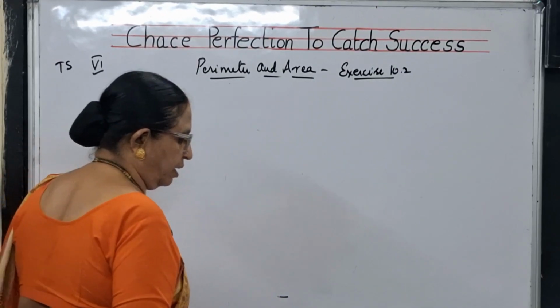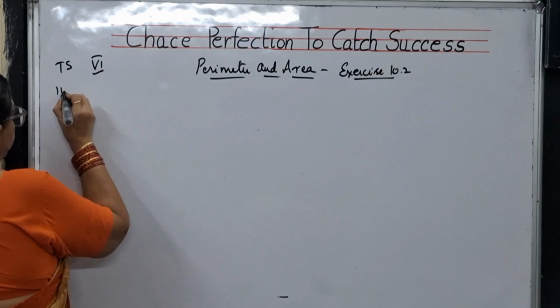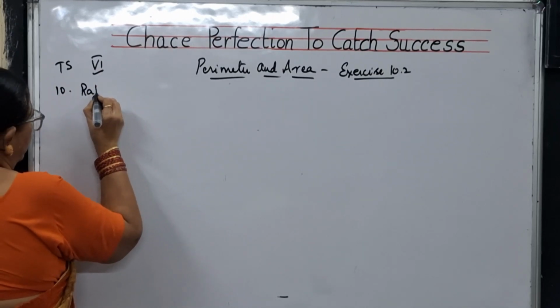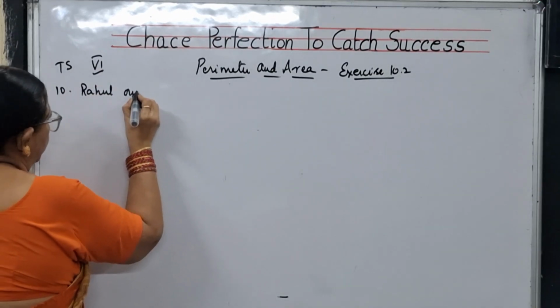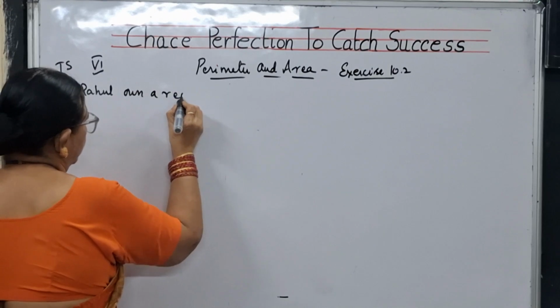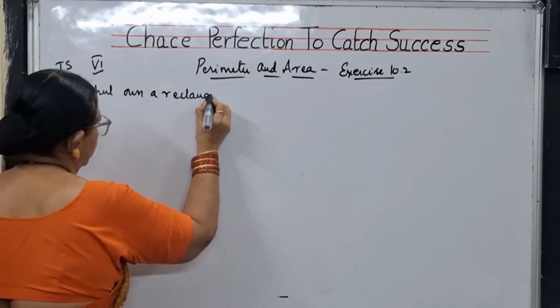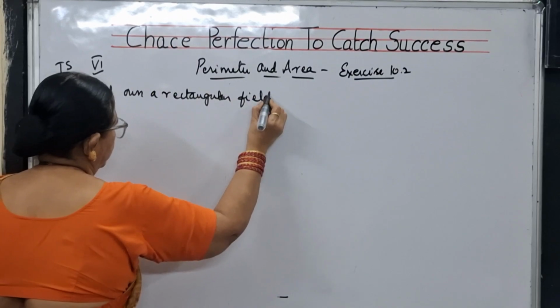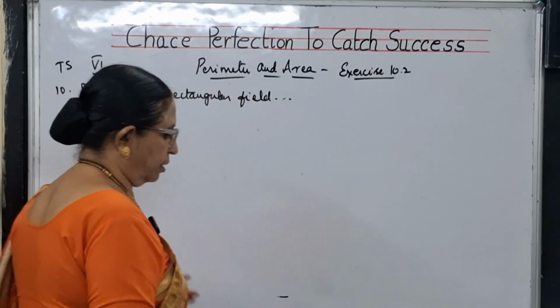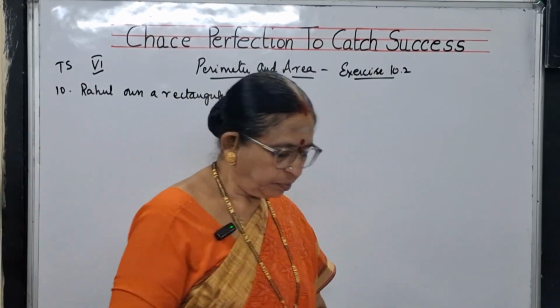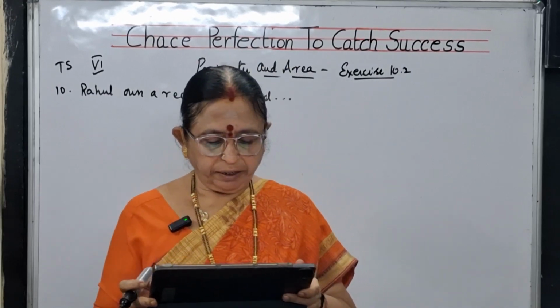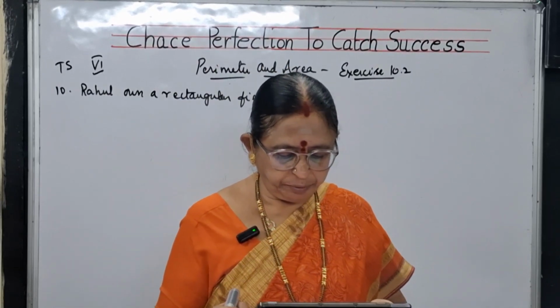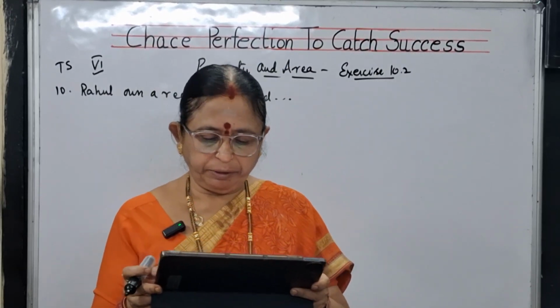Rahul owns a rectangular field. Let me read the sum. Rahul owns a rectangular field of length 400 meters and breadth 200 meters.